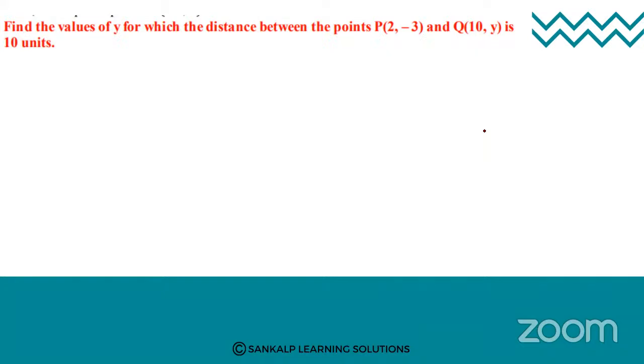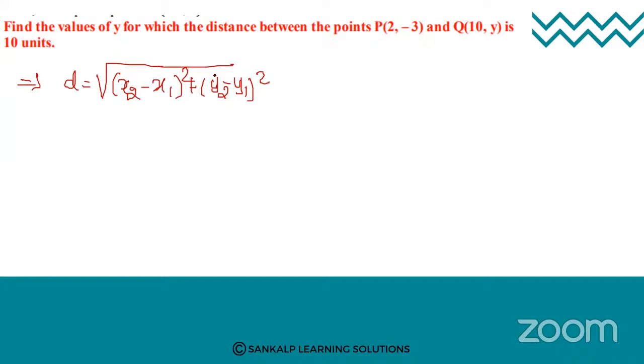That means the distance is given and we need to find the value of y. Distance formula: D is equal to the square root of (x2 minus x1) whole square plus (y2 minus y1) whole square, right? So this is our distance formula. We know the distance D is 10.